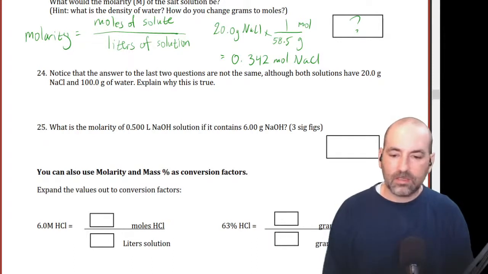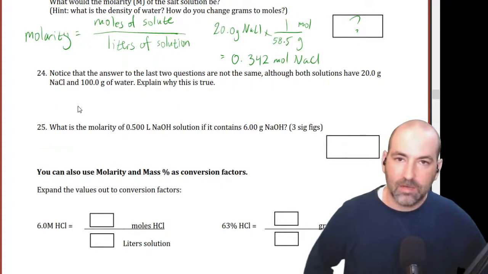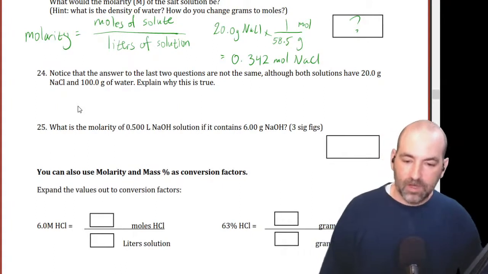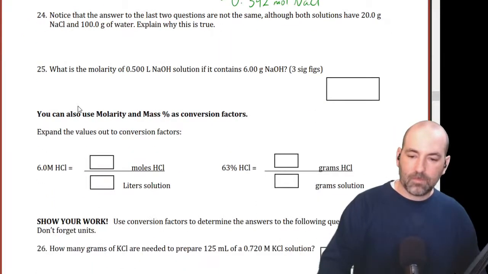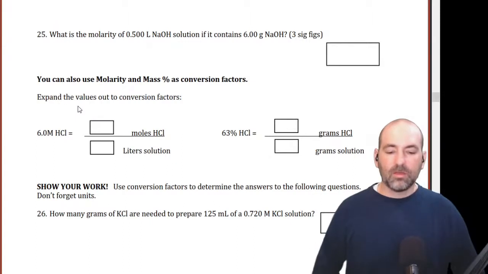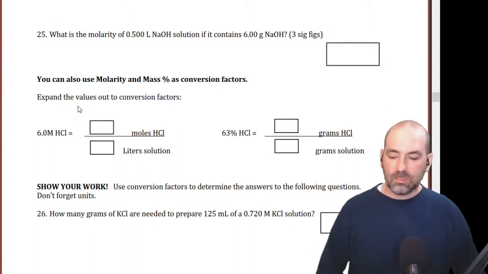All right, let's take a look at some concentration measures. Last time we talked about two different ways to measure concentration, molarity and mass percent. Another way that we're going to use these ideas is as conversion factors.